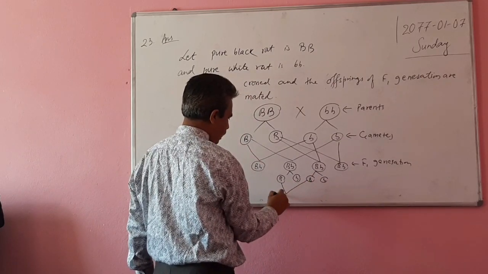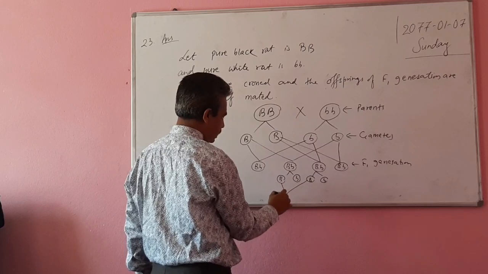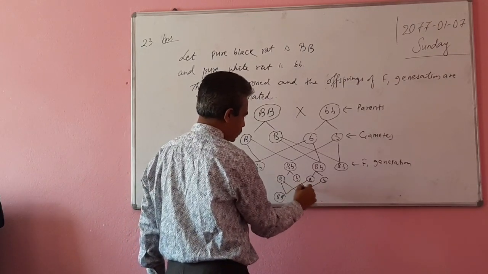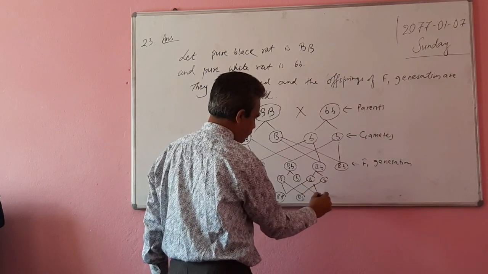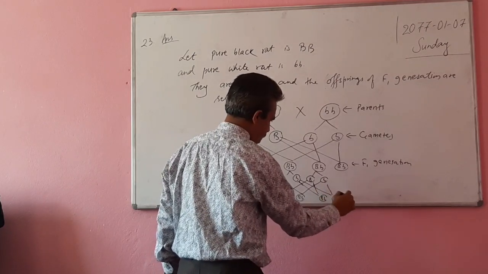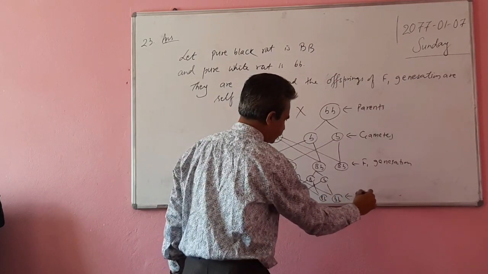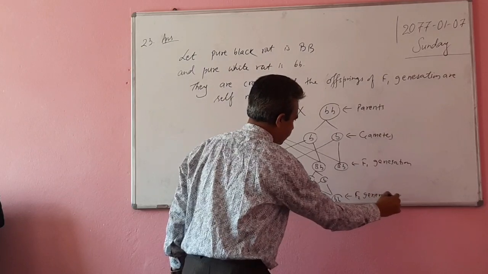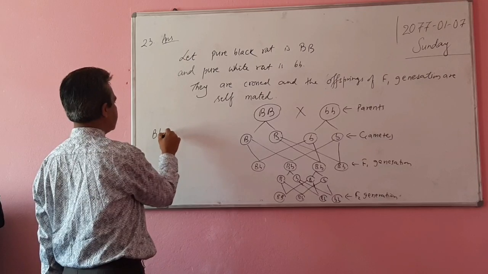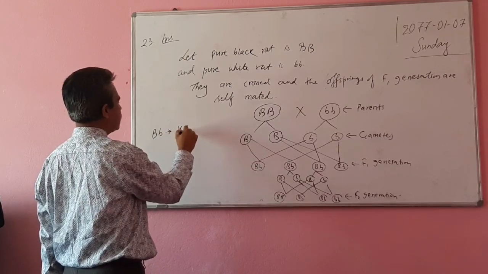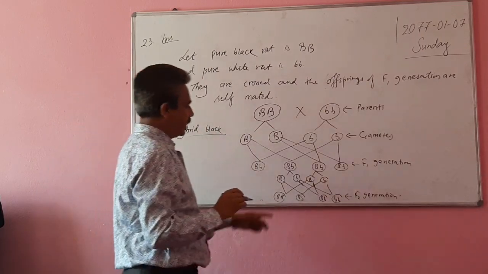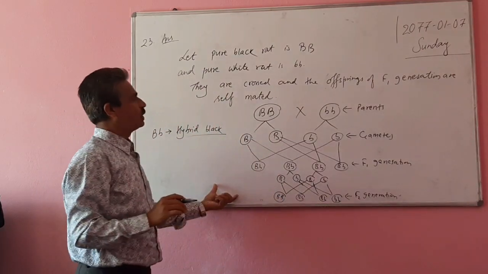Now what do we get here? Capital B, capital B, small b, capital B, and small b. This is the F2 generation. Here we have to remember capital B, small b is a new character, that is hybrid black. If you write this one only, you'll get 2 marks.